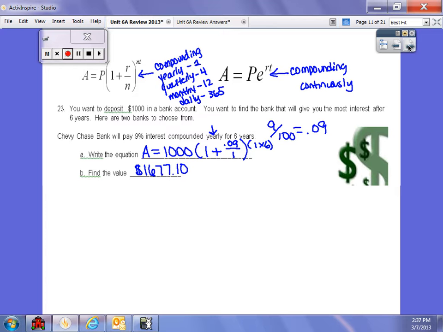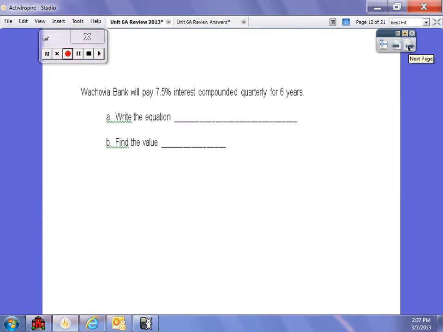Alright, the next bank was Wachovia, and it compounds quarterly, so that's 4 times a year, and the interest is 7.5%, so we'll divide that by 100, and we get 0.075.